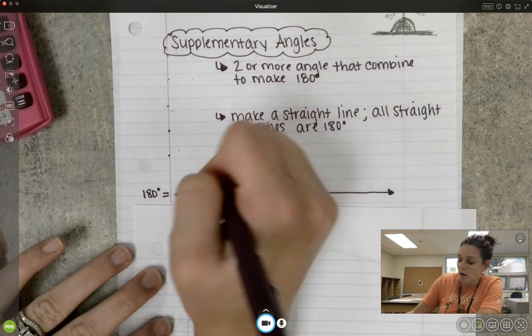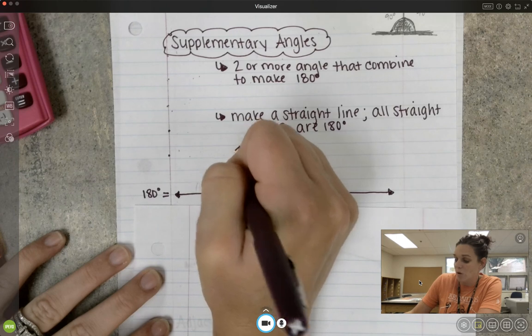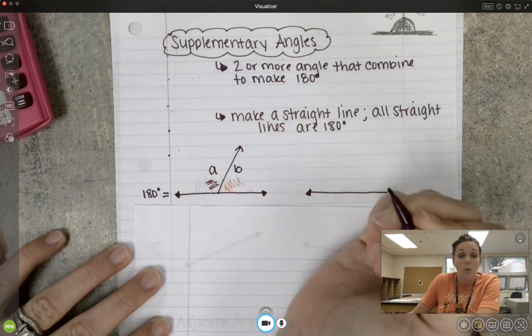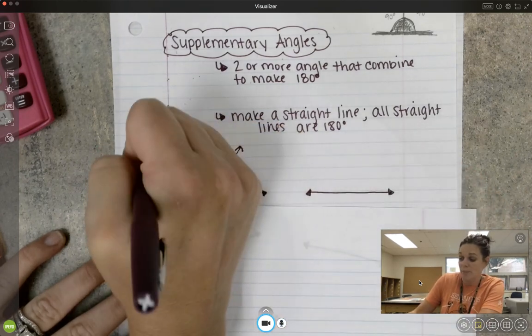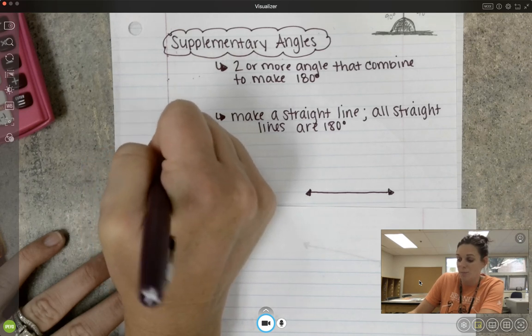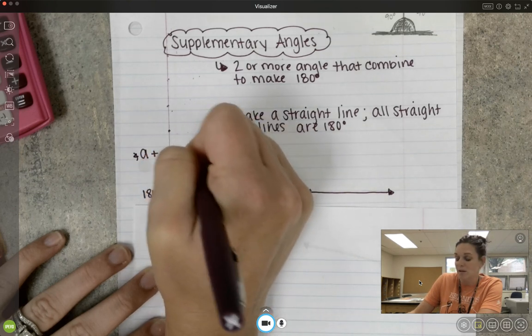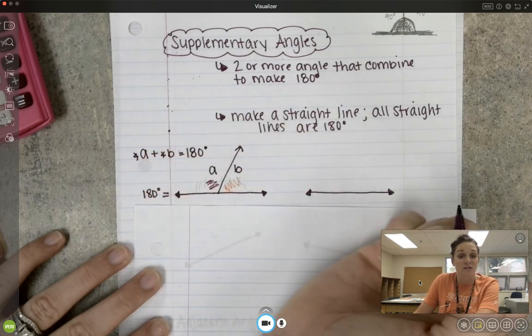So if we call this angle A and we call this angle B, well, we set up our equation just like we did with complementary. It's saying angle A plus angle B, when I put them together, is going to make 180 degrees.